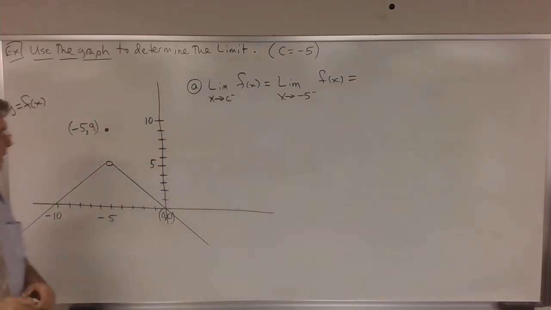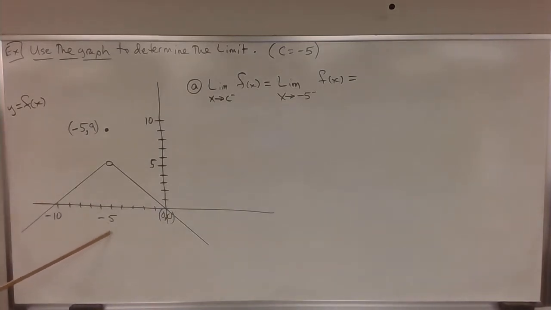So let's look at the graph of f of x. Here's -5. So x approaches -5 from the left if x approaches -5 from this direction. If x approaches -5 from this direction, then x is approaching -5 from the left.